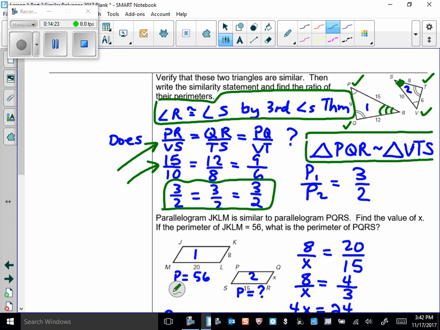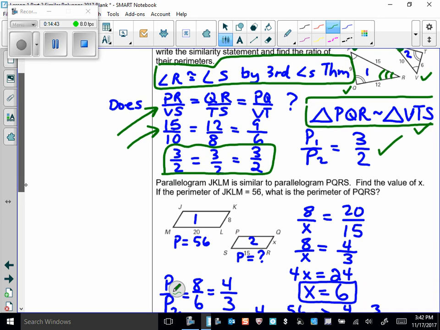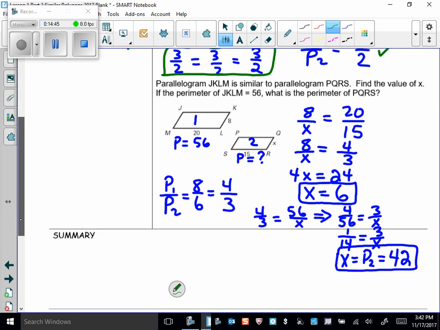PQR is similar to VTS. I believe that's correct. And then, like I said, I know that the ratio of the perimeters is the same as the scale factor, so that's going to be 3 over 2. If you don't believe it, find the perimeter of each triangle, set up a ratio, and see if it simplifies to 3/2, and it will.